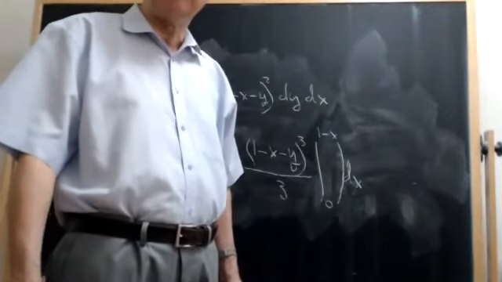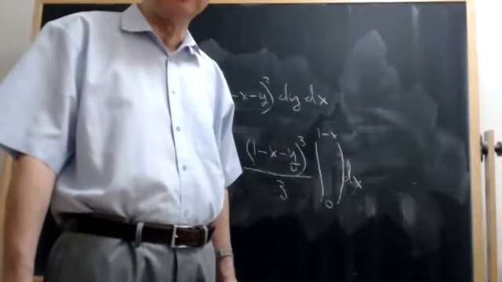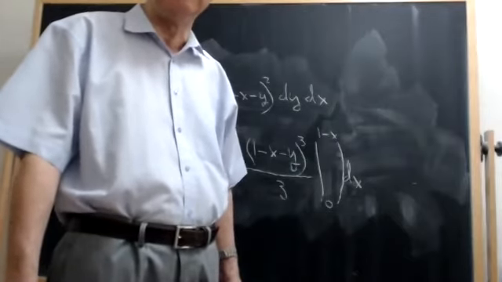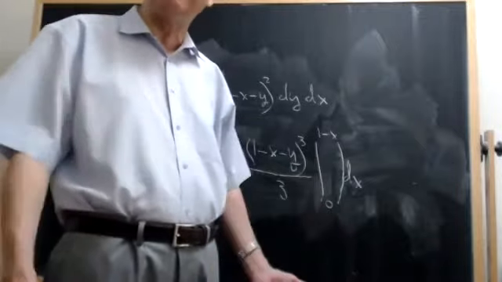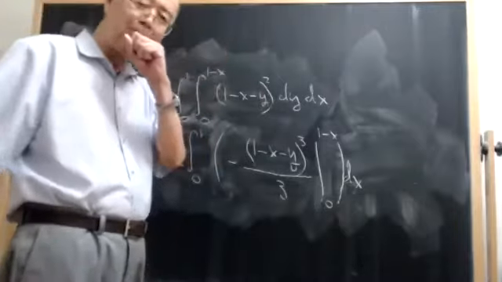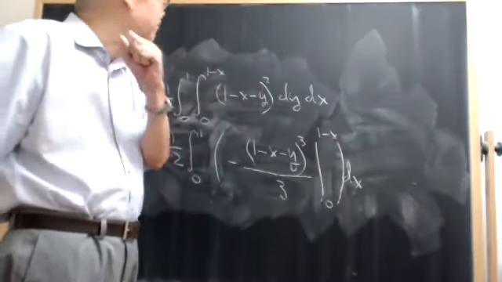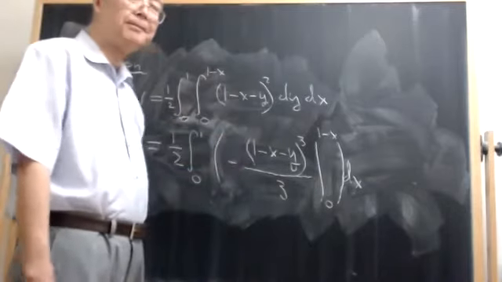But I am used to integrating much more complicated functions, so I can do it easily. But in case you cannot do it easily, what do you do? If you want to integrate this, could you just expand it and then integrate it with respect to y?